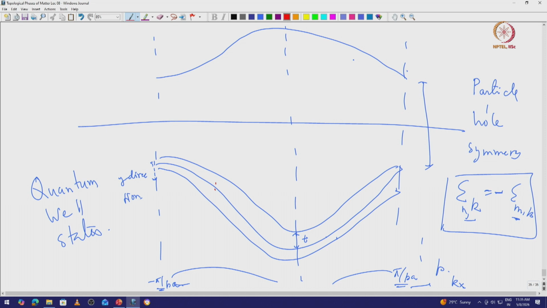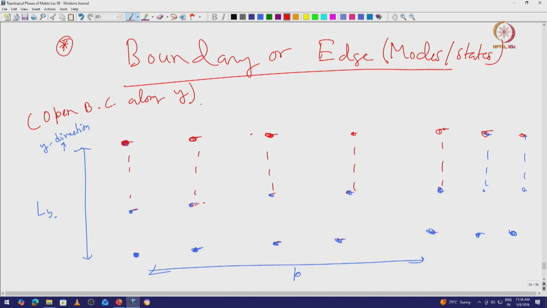And these are how the states will split inside for all these atoms. There are many such atoms and there was a T hopping because we lifted the periodic boundary condition. So, these bands which was a band earlier now will all split into how many bands? Ny number of bands, which we will call quantum well states.